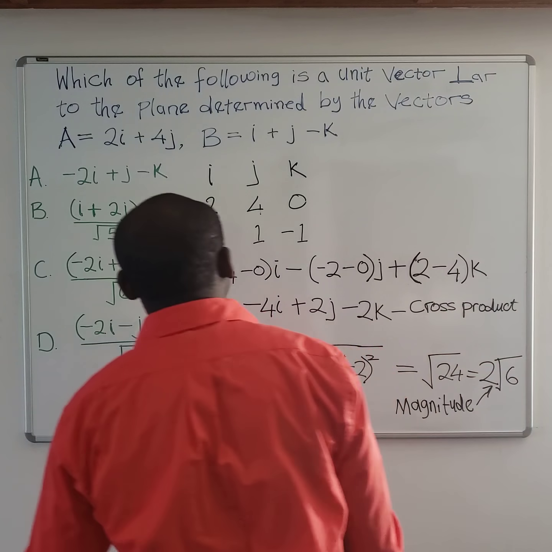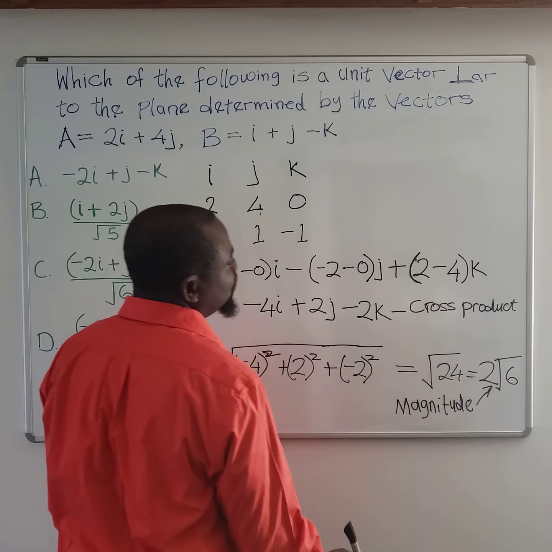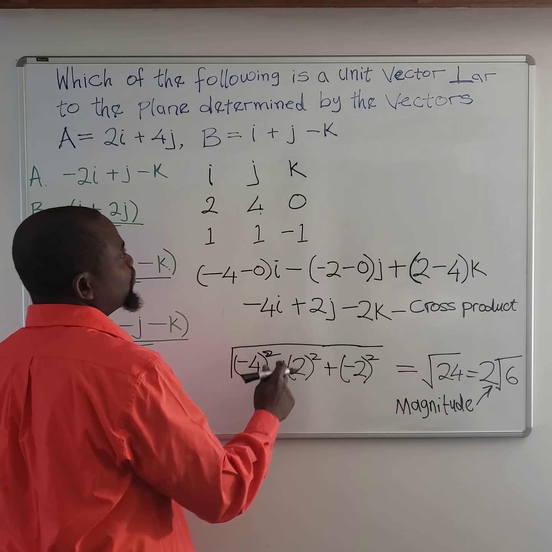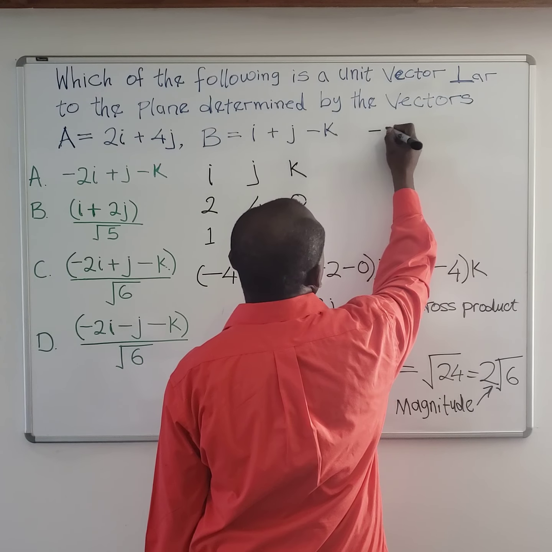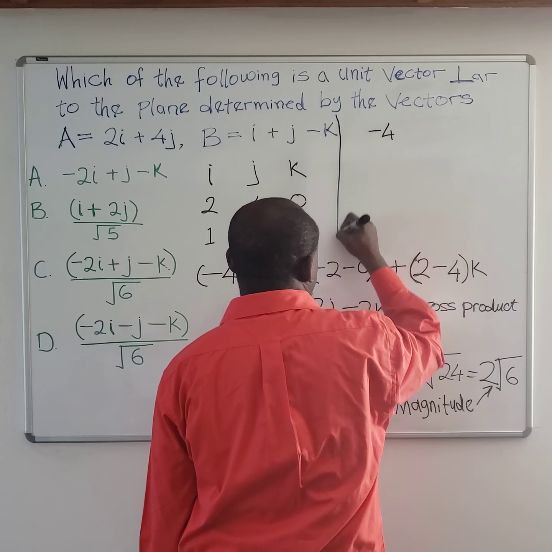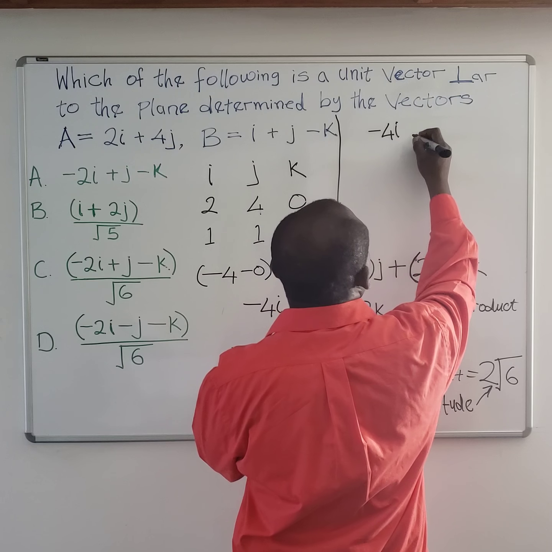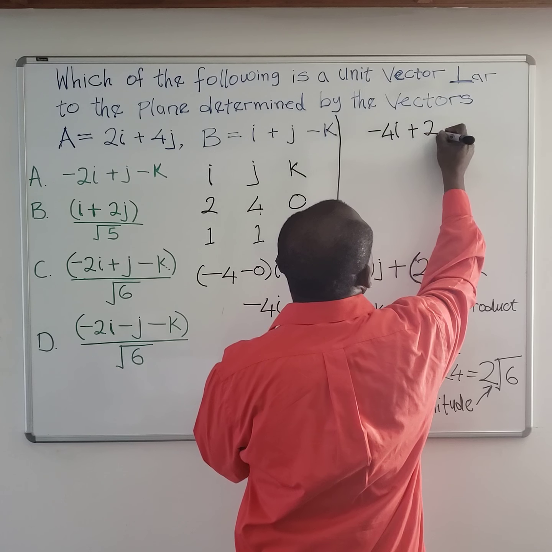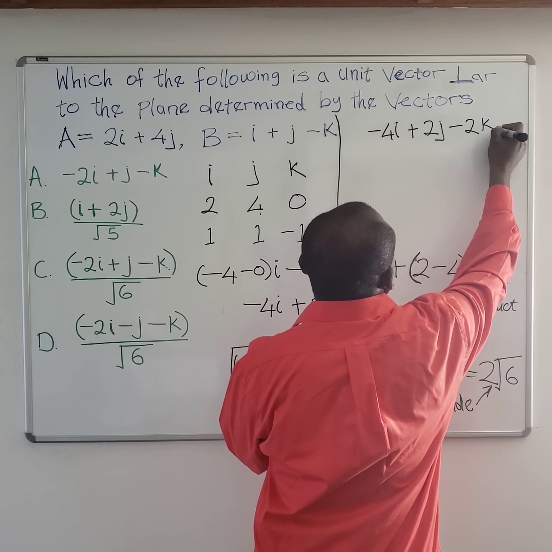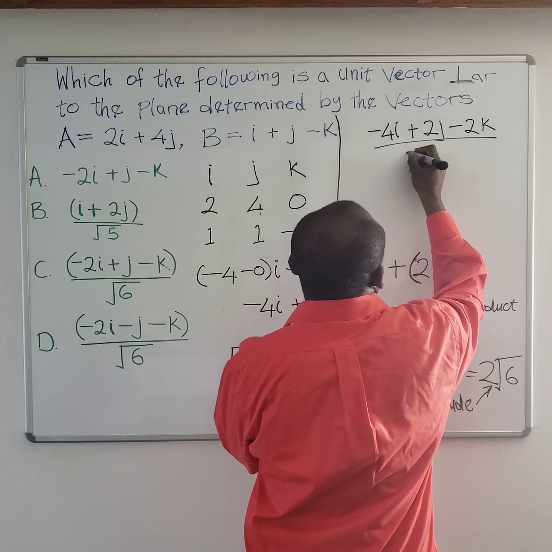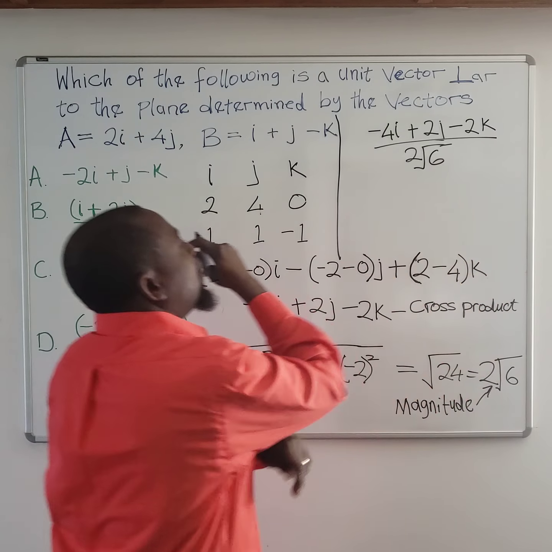So the last step is to use this magnitude to divide your cross product. So negative 4i plus 2j negative 2k divided by 2 square root of 6. All right.